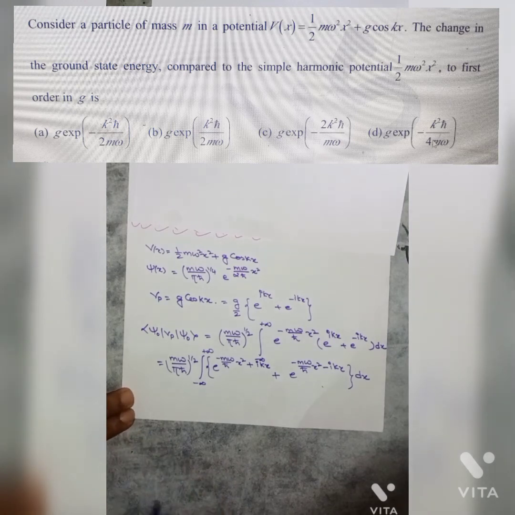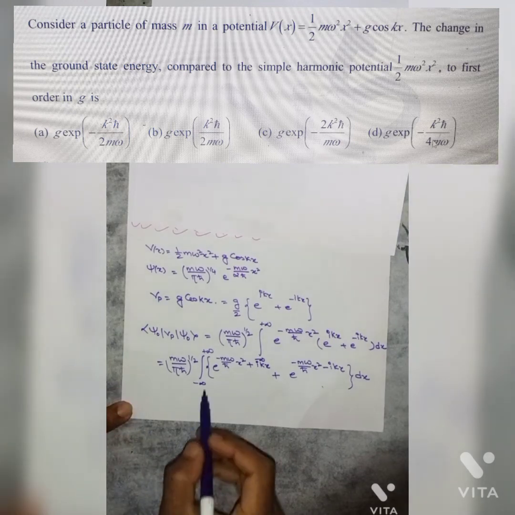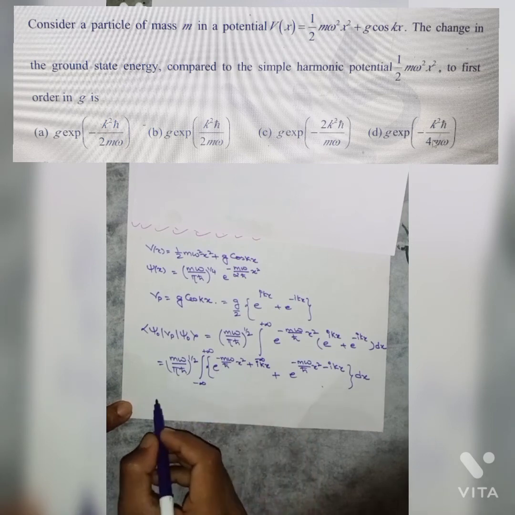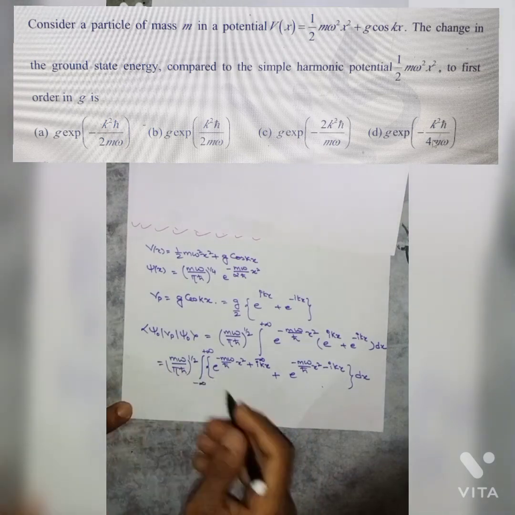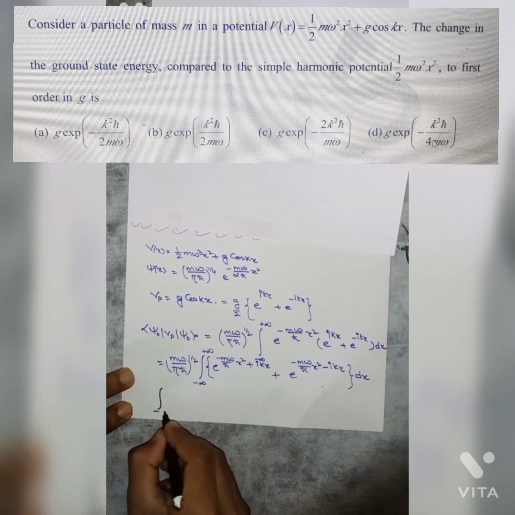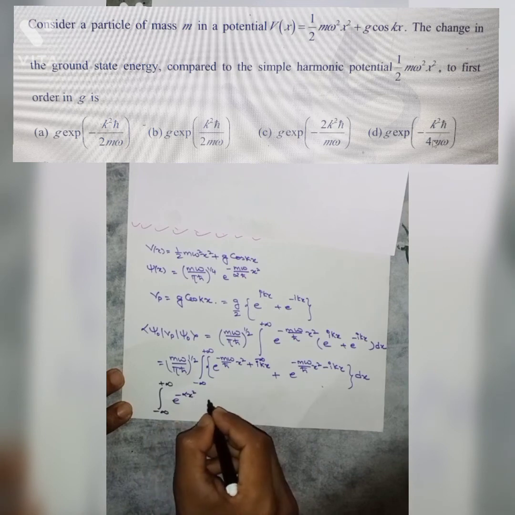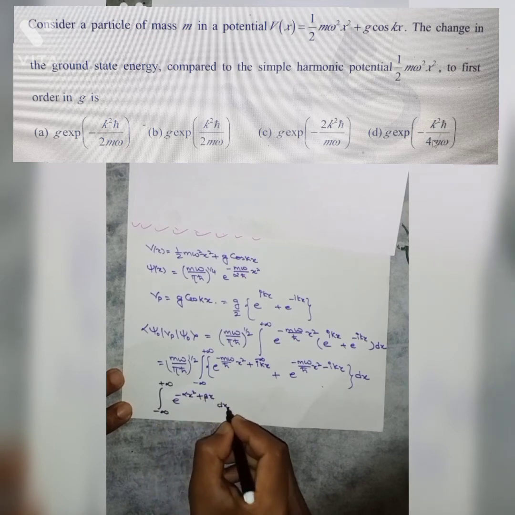And further, to solve this integral, we have a formula that you should memorize. This is the integral from minus infinity to plus infinity of e to the power (minus alpha x squared plus beta x) dx.